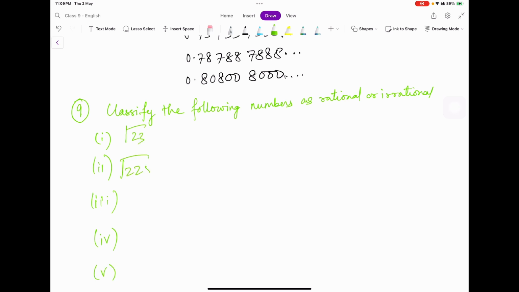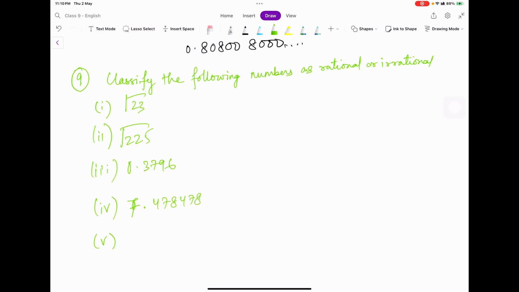Second is root 225. Third is 0.3796. Fourth is 7.478478. Then the fifth is 0.1101000101000010 and so on, with 4 zeros, then 1.